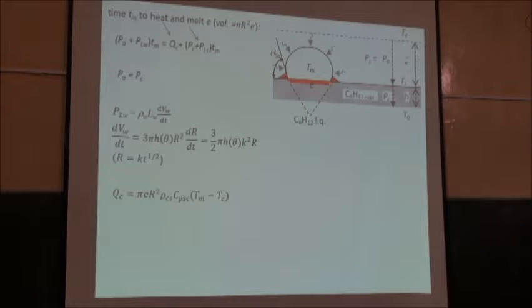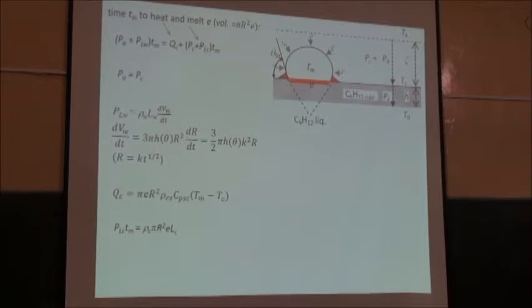And now the third thing, you have to express the sensible heat to bring the substrate temperature from Tc to Tm. So that's the volume of the layer, the density, the specific heat of solid cyclohexane, and the difference in temperature between Tm and Tc.